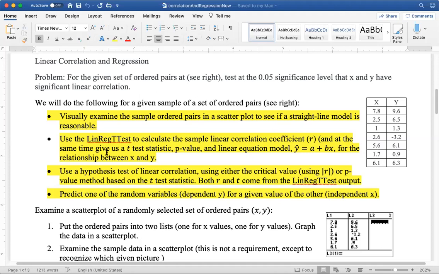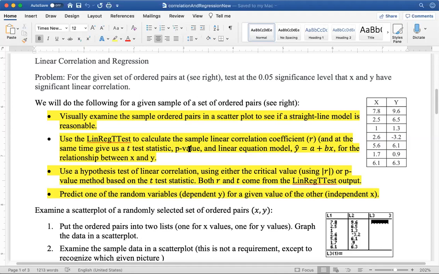Now back to number 2, the second item here. The central part of everything that we're going to be doing comes from the LinRegTTest. It's a hypothesis test on the calculator under STAT TESTS, LinRegTTest, and it is going to give us some important information. It is going to calculate for us the sample linear correlation coefficient R, and at the same time, it's going to give us a t-test statistic.